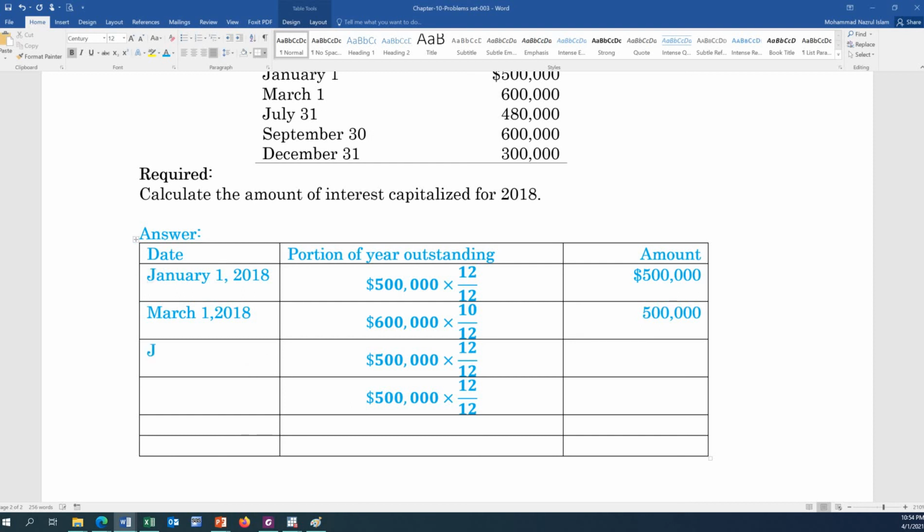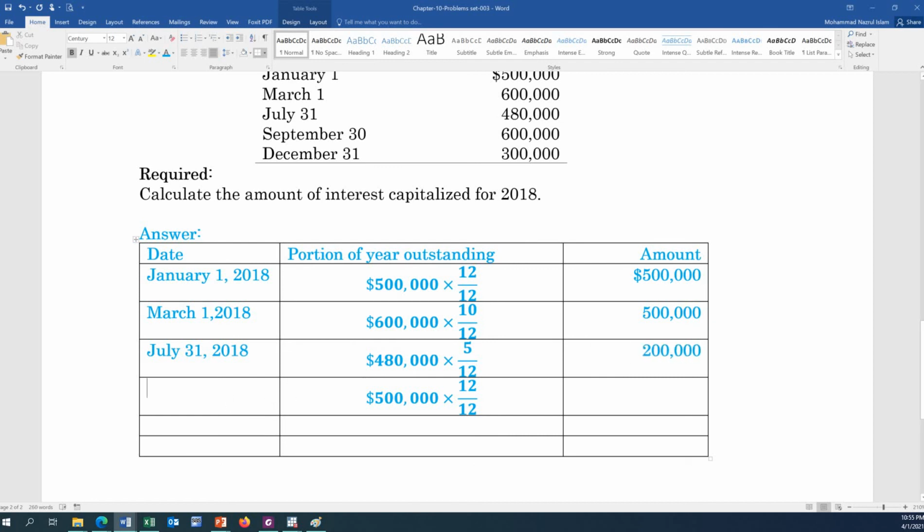And then the other one on July 31, 2018, the amount is 480,000. So August, September, October, November, December: 5 months. So it should be 5, and the amount would be equal to 200,000.